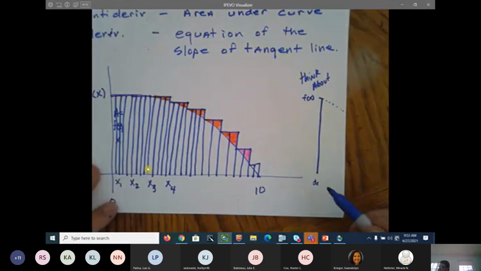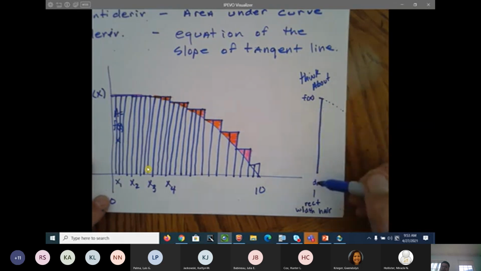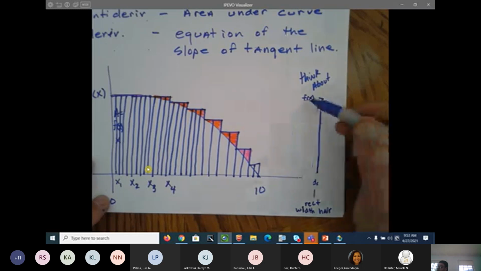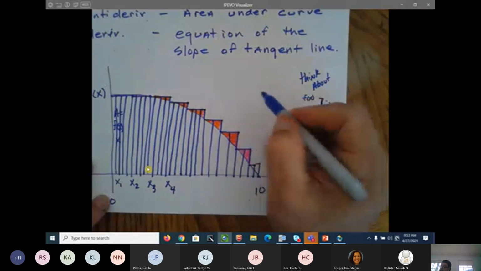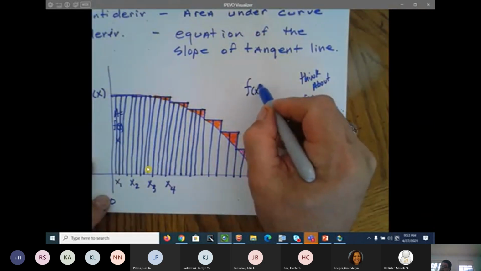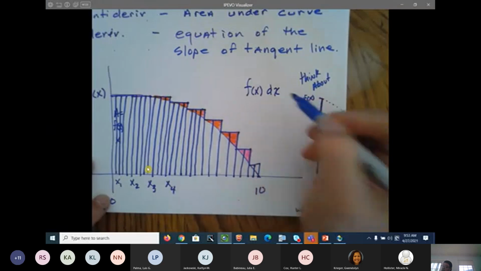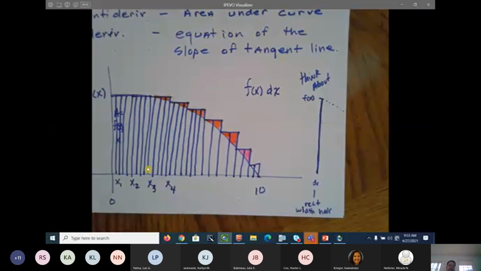Okay, so the dx represents the rectangle, the width of your hair. And we'll call the width of that hair dx. So somebody tell me what the area of this hair is. F of x times what? F of x times dx.